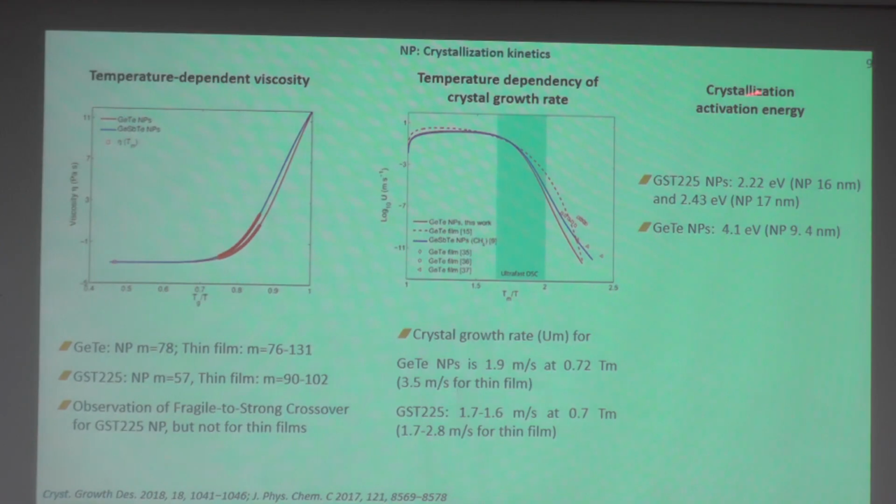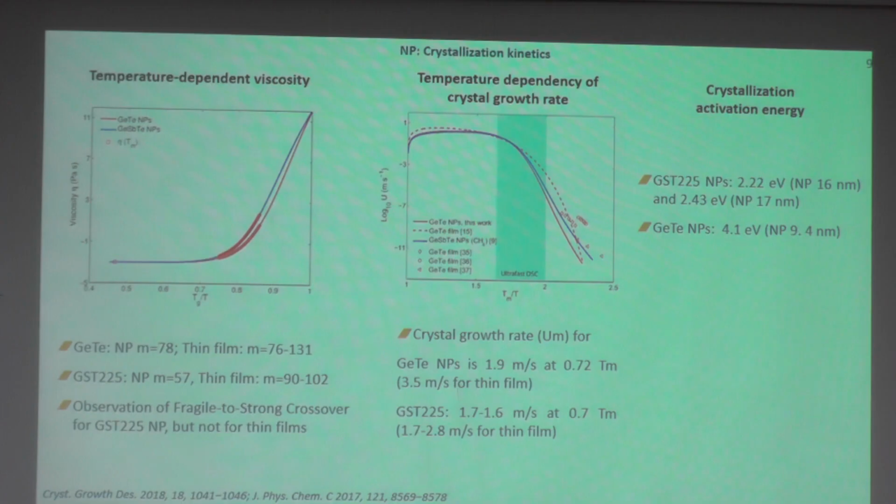The crystallization activation energy for GST 2 to 5 nanoparticles has this value, 2.2 for size 16 nanometers, 2.4 for 17. For thin films, they also have this value, so there is not a large difference. And for germanium telluride, we have a crystallization activation energy on average of 4 nanometers, which is a little bit larger than for GST 2 to 5.